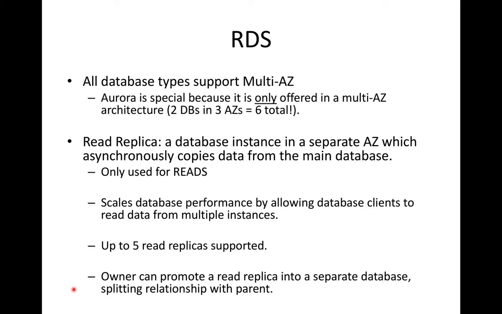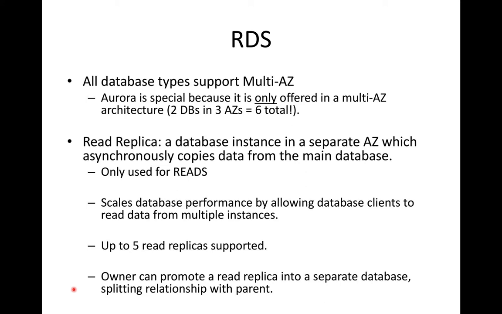Some of the database types allow you to create read replicas, and a read replica is basically a separate database instance that's running in a separate availability zone. The data from your primary database is replicated to the read replica. It's synchronized with the read replica.